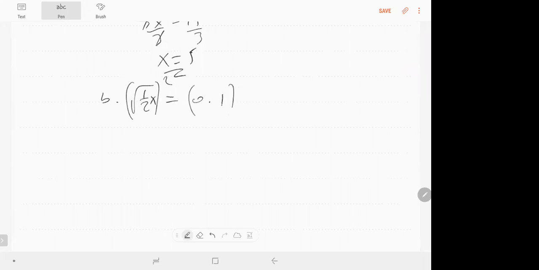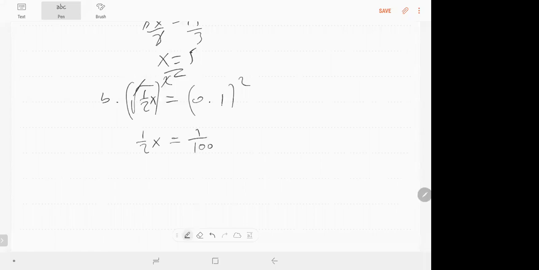Now square this. So this will cancel out by this one. So what is left? 1 over 2x. When you calculate such types of expression involving decimal numbers, you can change the decimal into a fraction to make it simple. So 1 over 0.1 means 1 over 10, so when we square it, it will be 1 over 100.